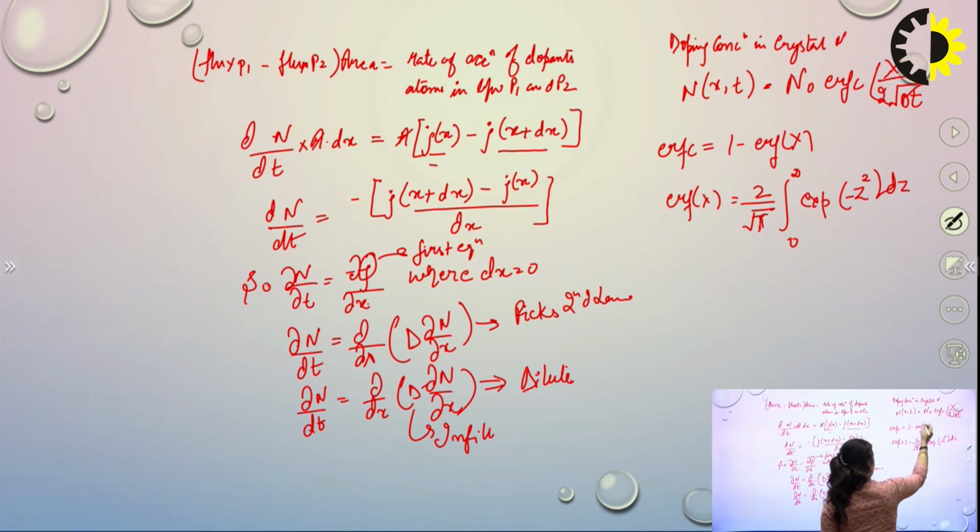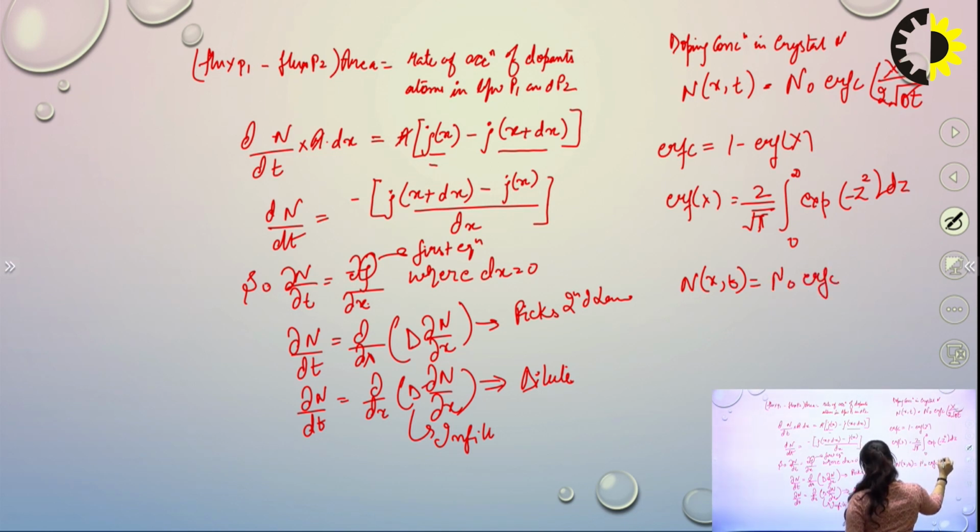So if you put these values in this equation, we are going to have n(x, t) equal to n naught error function complement of x divided by 2 under root of Dt, and we are going to have the profile like this.